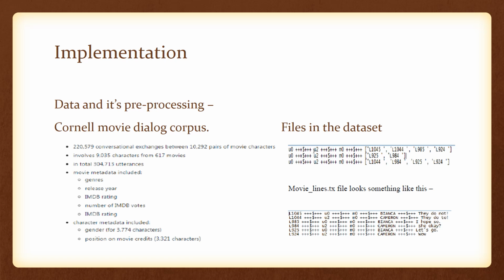Every pair has first the ID of the question, and the next one is the answer ID of that question. Now we look for these IDs in the file called movielines.txt, where we find the actual sentences mapped to that question or answer ID. Now we've got the text of the question and answer.